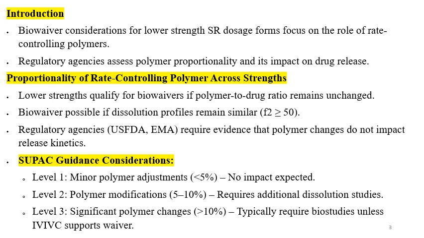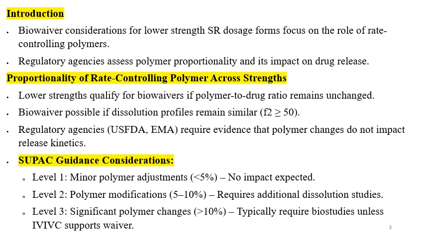So lower strengths qualify for biowaivers if the polymer to drug ratio remains unchanged. Biowaiver is possible if dissolution profiles remain similar. That means the F2 criteria should apply, and the lower strengths should pass the F2 criteria against the higher strength dissolution.